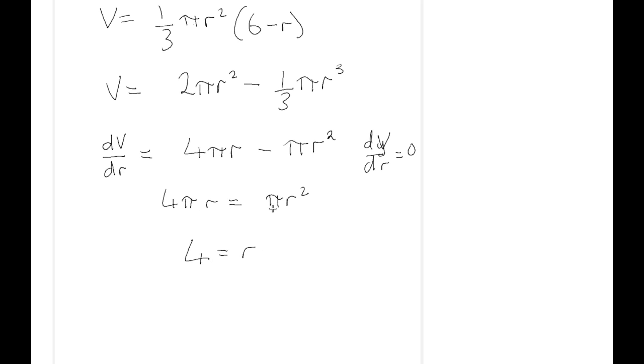So the pi's have cancelled when I've divided through by pi, and dividing through by r, it's cancelled with one of the r's on the top, so I'm left with 4 equals r, so radius equals 4. I'll just change that the other way around.